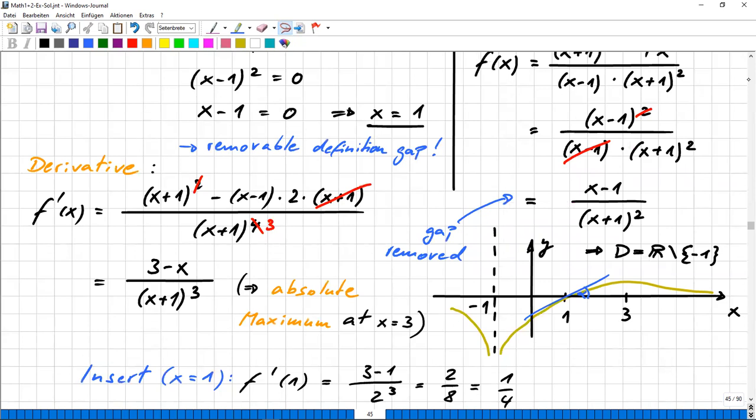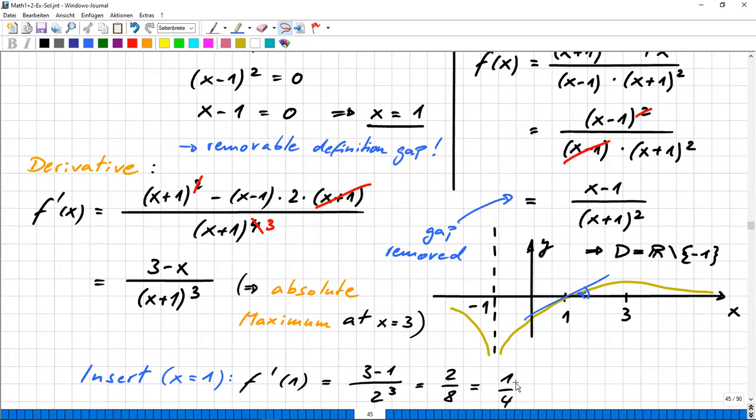But now we have almost solved our problem, because we just have to insert the 0, which is at x equals 1, into the first derivative, so that we get the slope at this position. Then f prime of 1 will be 3 minus 1 here, over 1 plus 1 cubed. So we get 2 over 2 to the power 3, which equals 8.